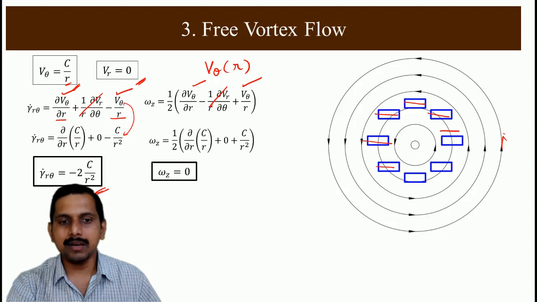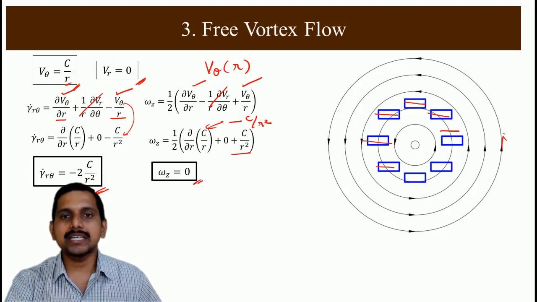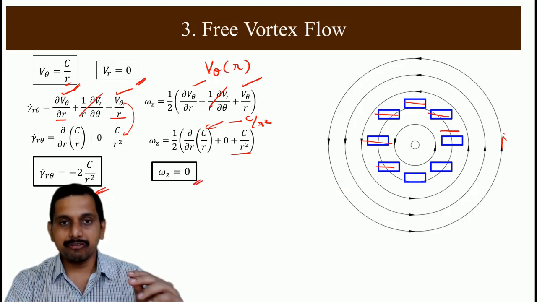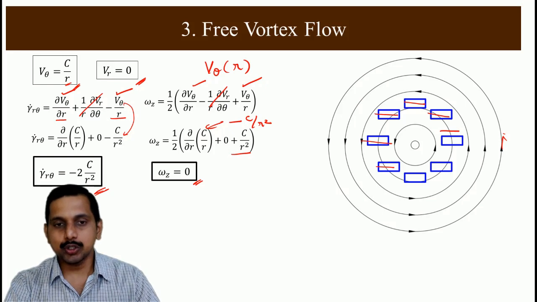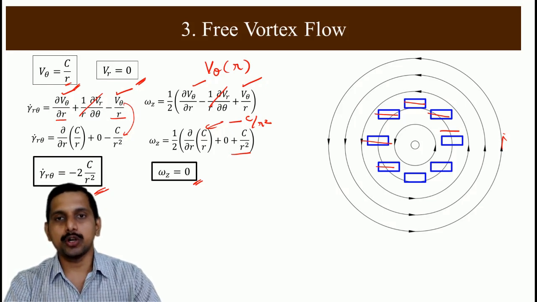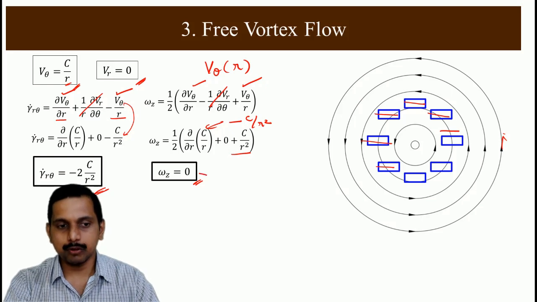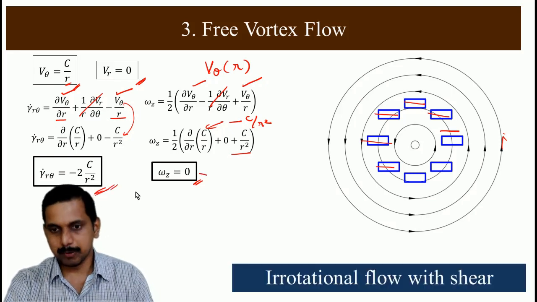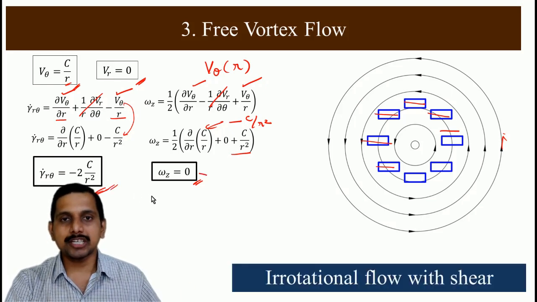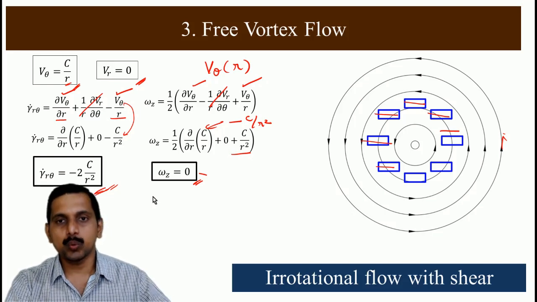Because this is minus c by r square, and this is plus c by r square, so they cancel to give omega z equal to 0. So this free vortex flow is actually an irrotational flow. So the free vortex flow is an irrotational flow with shear. Very important.